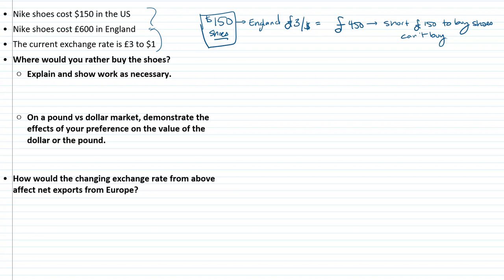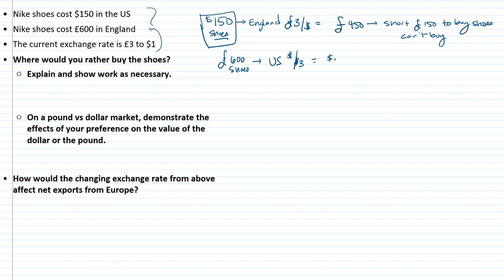but that doesn't work in England. The other way is, think if you were in England, if you had 600 pounds and you were trying to buy shoes in England, 600 pounds buys you shoes, but you take your 600 pounds to the United States, and every pound gets divided by 3 to become dollars.